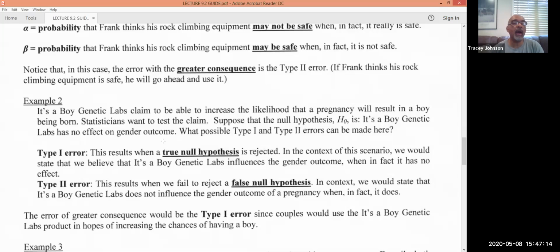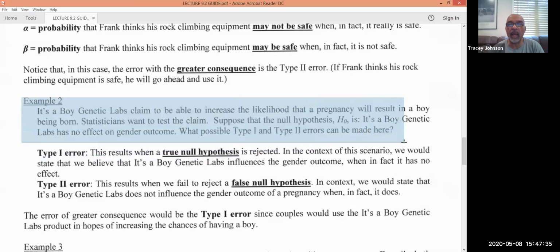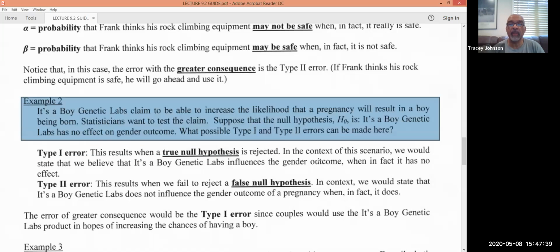Suppose that the null hypothesis, H sub 0, is that the Boy Genetics Lab has no effect on gender outcome. In other words, whatever the Boy Genetics Lab does in order to increase the outcome of getting a boy, the null hypothesis is that the lab has no effect on that outcome.